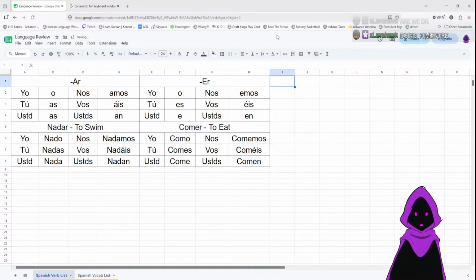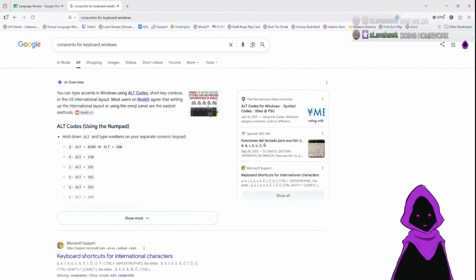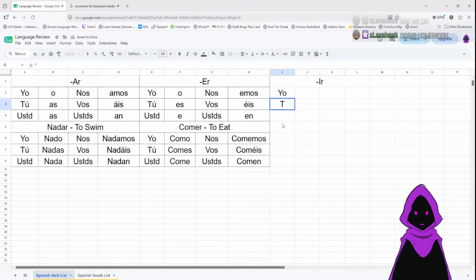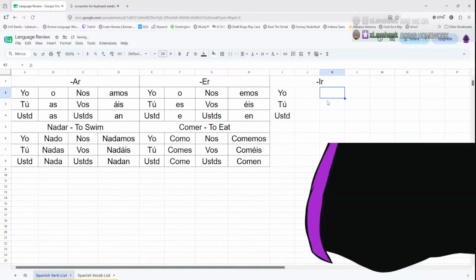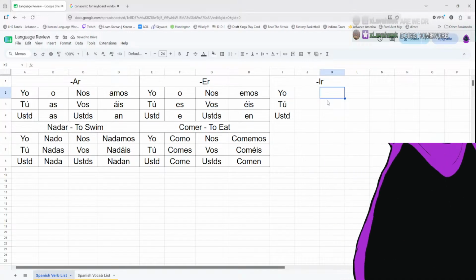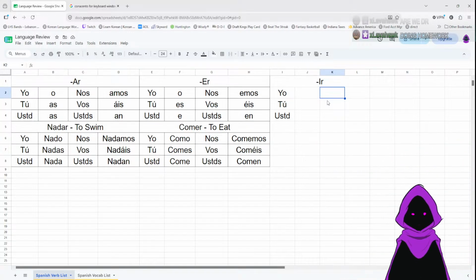And then our last verb tense for present tense is IR verbs, which are almost the exact same as ER verbs, just slightly different. The only one that is going to change here is the vosotros form.